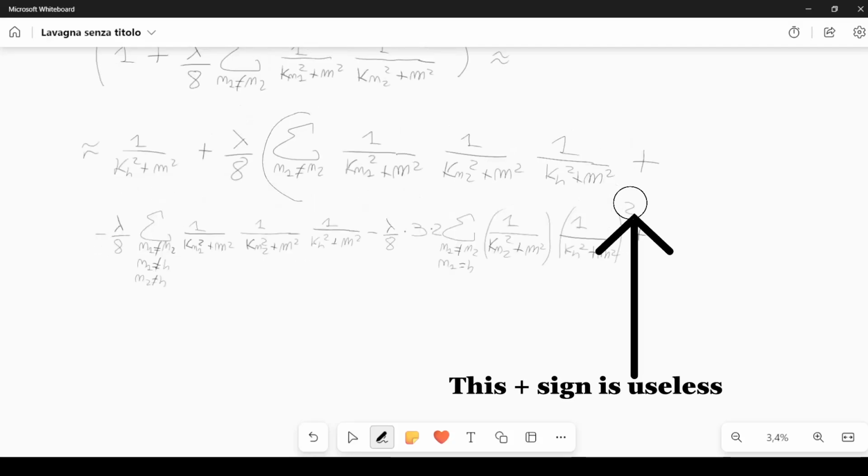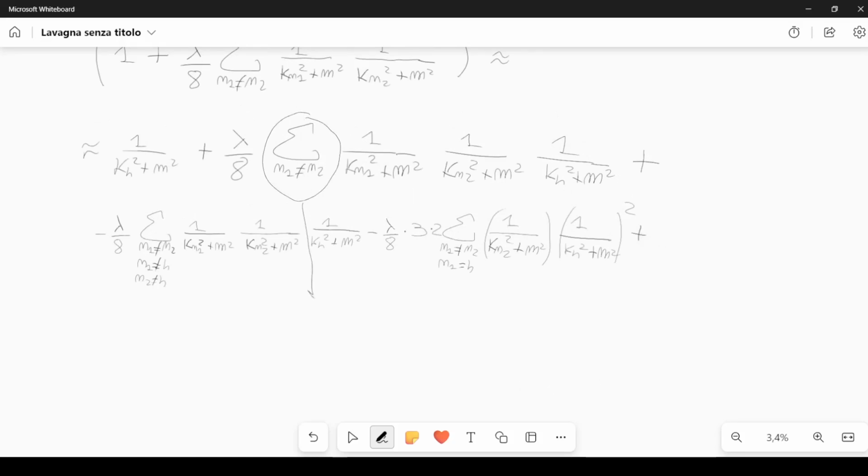Now, if you check this summation here, this summation can be split in more parts. In particular, the summation is equal to summation over n1 not equal to n2, n1 equal to h, so basically you are summing just over n2 if n1 is equal to h, plus summation over n1 not equal to n2, where n1 is not equal to h.